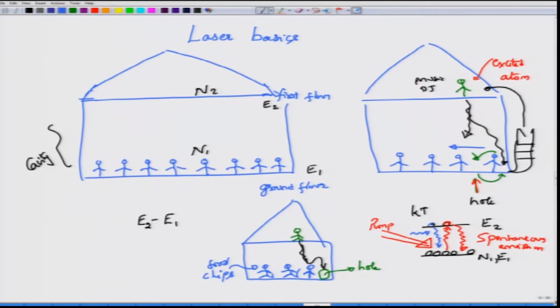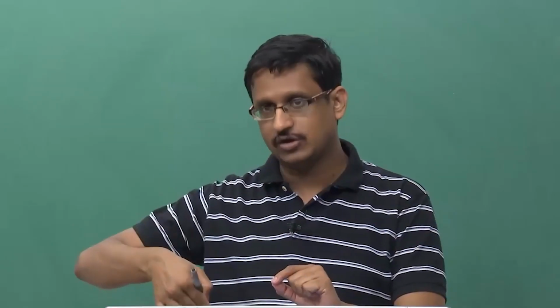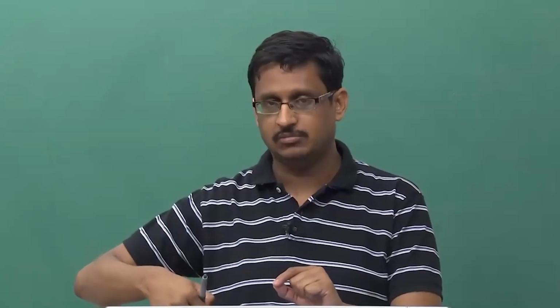When it does so, you will actually get two photons: one because the atom has moved from energy state E2 back to E1, combining into the vacant hole, which releases one photon, and the original photon which initiated this interaction, which does not get absorbed and remains as it is. Its only effect is to nudge the excited electron to go down to the ground state and recombine and generate another photon.